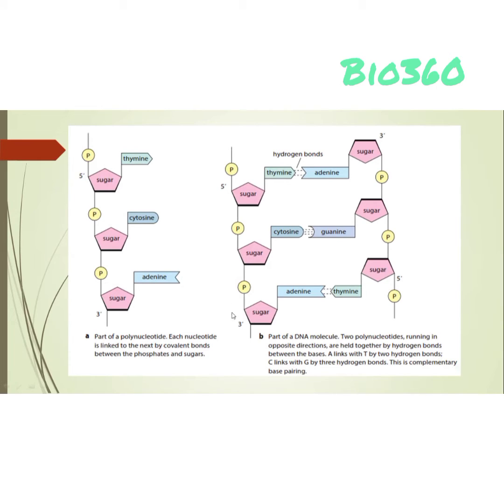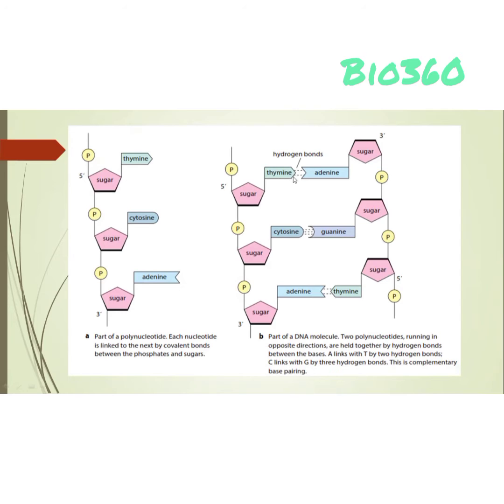So this is the sugar phosphate backbone, and this is also the sugar phosphate backbone of the other strand, the complementary strand. And these are the nitrogen bases which are base pairing to each other. So how does this base pairing occur? This base pairing occurs by hydrogen bonds.